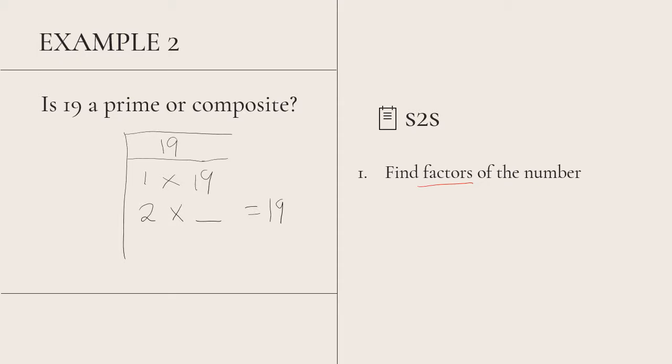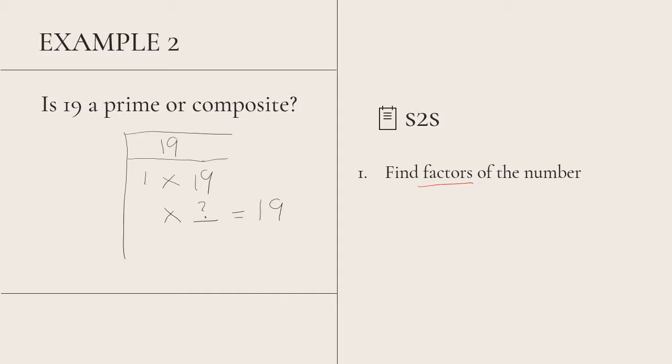Are there any numbers that when you multiply them by 2 give 19? So there are none. So 2 is not a factor of 19. Now you can try with 3. 3 times what gives 19? Try to find out what this number is.